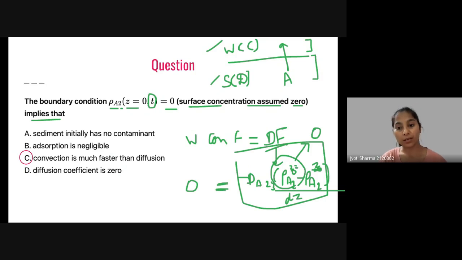But this is not the case. So the case is a little tricky. What we are assuming is that whatever at the interface from the sediment side, if this A is moving to the interface, and whatever is going to that interface and crossing to the water side, everything will be removed.